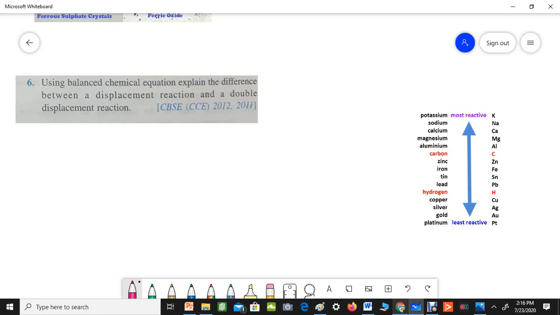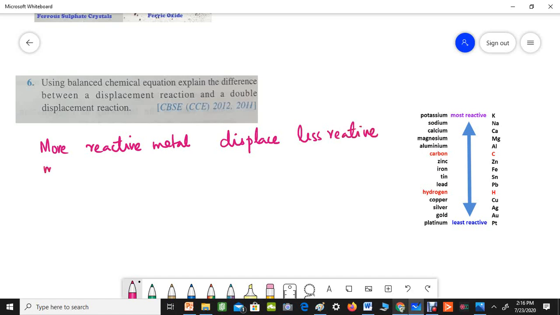So usually during displacement reactions, more reactive metal displaces less reactive metal from the salt solution.